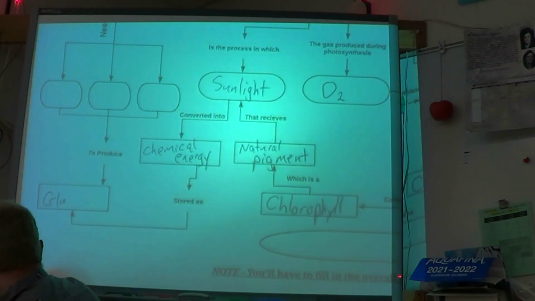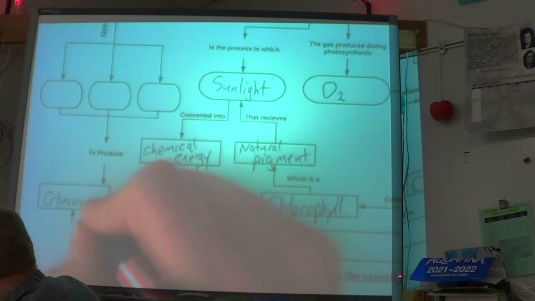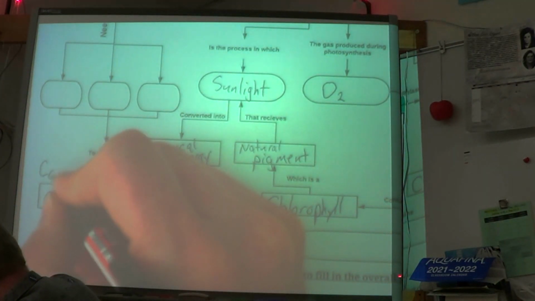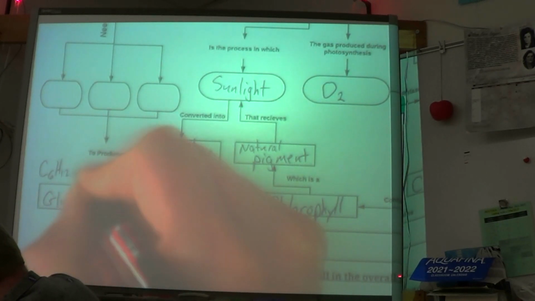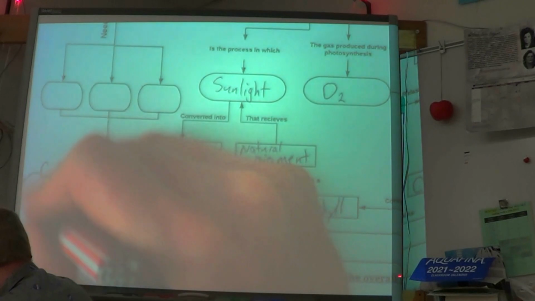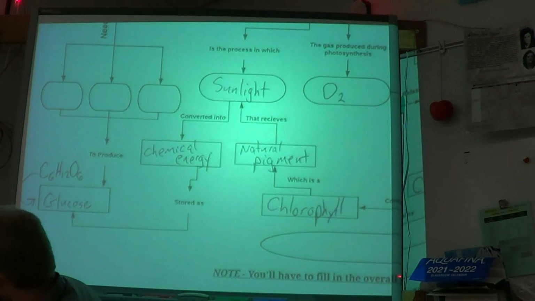Is it the word glucose or the chemical formula? Glucose is the word. Glucose, which, just because I'm going to put the C6H12O6, that's the chemical formula for glucose, just to put that out there.